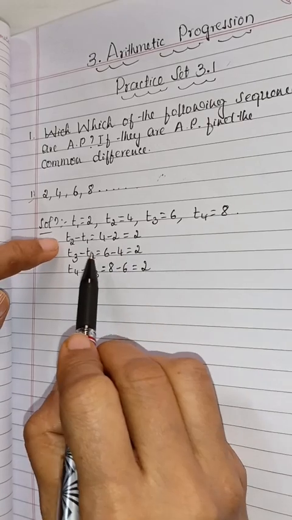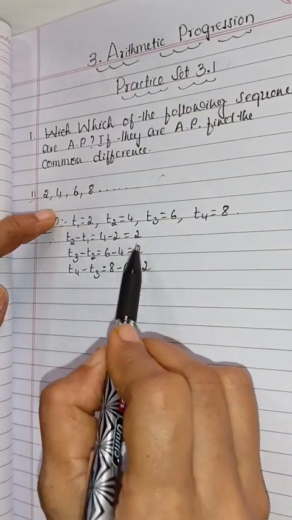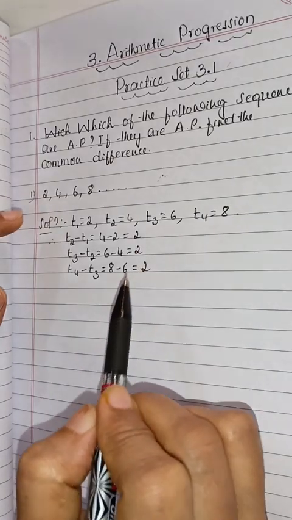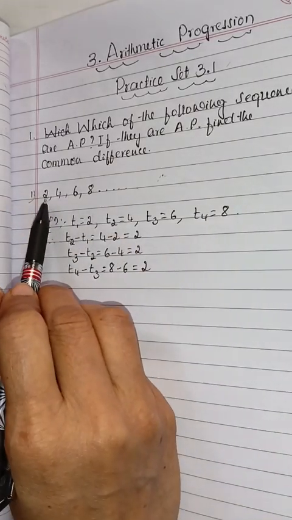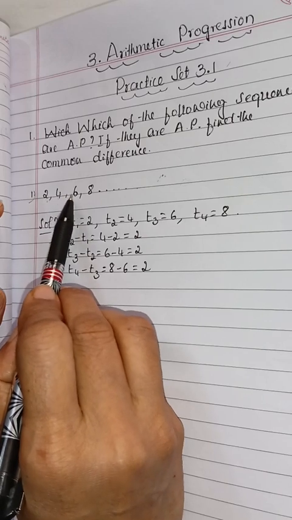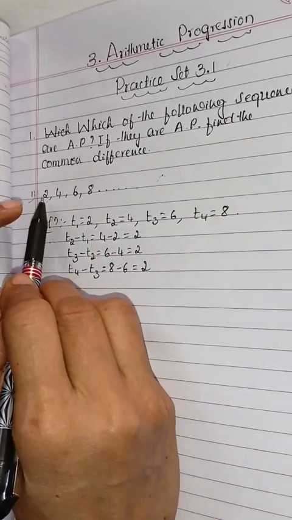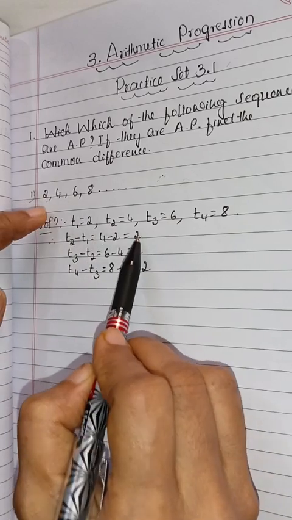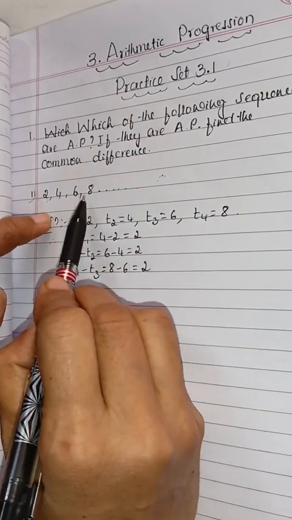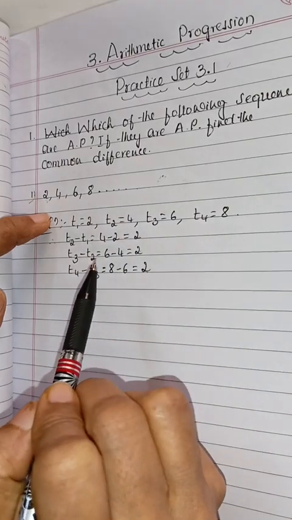What we can see is the difference between two consecutive numbers is 2, 2, 2. 2 and 4 are consecutive numbers, 4 and 6 are consecutive numbers, 6 and 8 are consecutive, and so on. So the difference between two consecutive numbers remains constant. Therefore, the given sequence is an arithmetic progression.